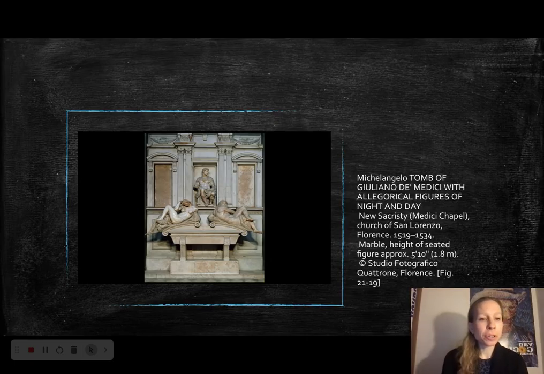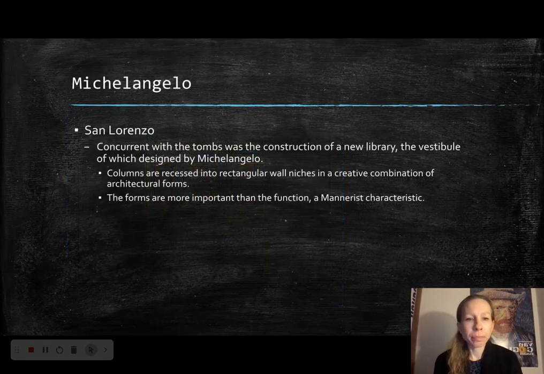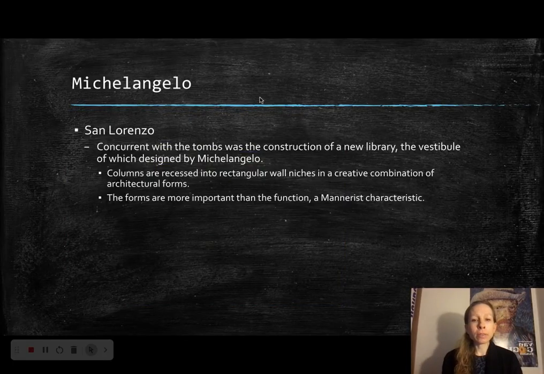Okay, here's the tomb of Giuliano de' Medici with the allegorical figures of Night and Day. And this is the New Sacristy in the Medici Chapel, Church of San Lorenzo, Florence. Concurrent with the tombs was the construction of a new library, the vestibule of which was designed by Michelangelo.